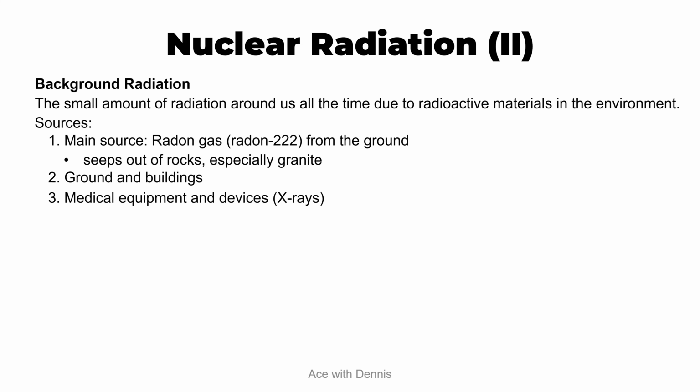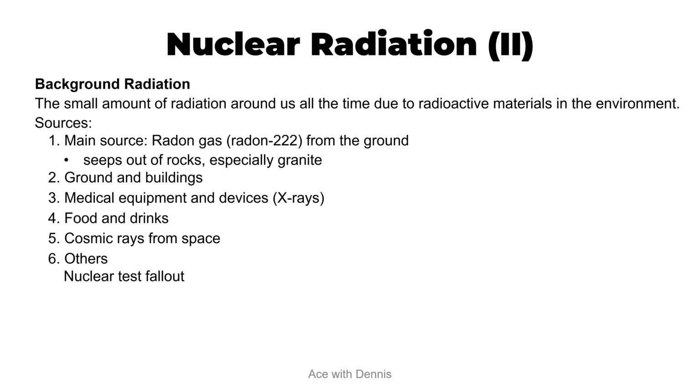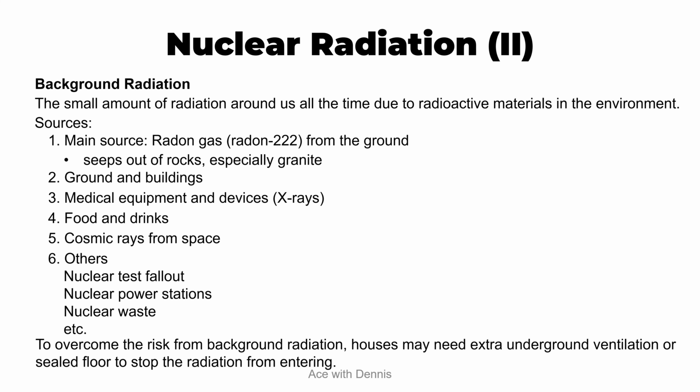Number 3. Medical equipment and devices such as X-rays. Number 4. Even our food and drinks are sources of radiation. Number 5. Cosmic rays from space. Number 6. Others such as nuclear test fallout, nuclear power stations, nuclear waste, and so on. To overcome the risk from background radiation, houses may need extra underground ventilation or a steel floor to stop the radiation from entering.